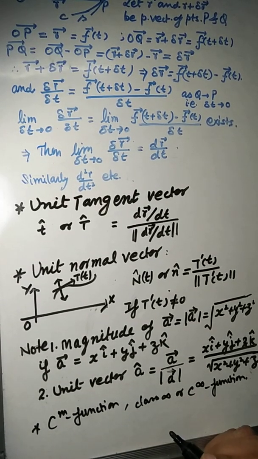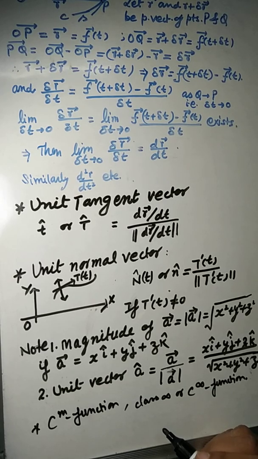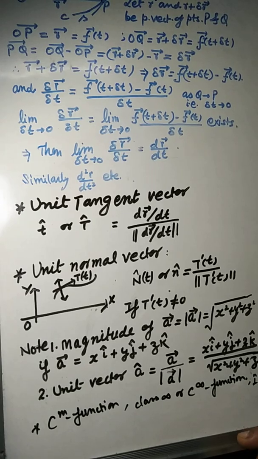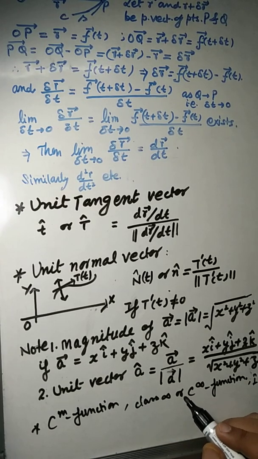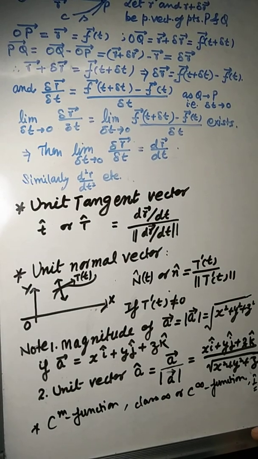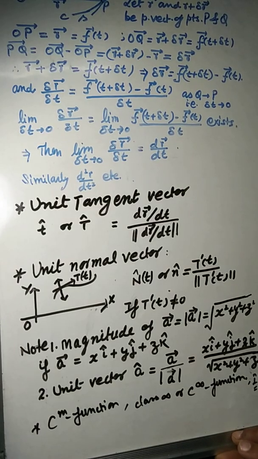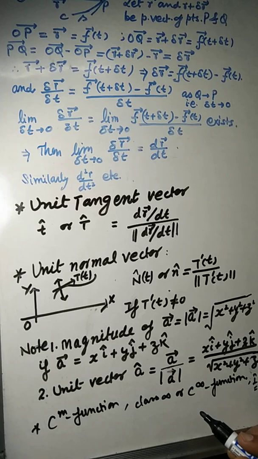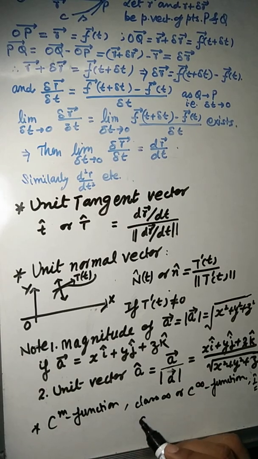The function is also known as analytic over interval I if f is single valued and possesses continuous derivatives of all order at every point of the given interval I. An analytic function is said to be of class omega or C omega function.